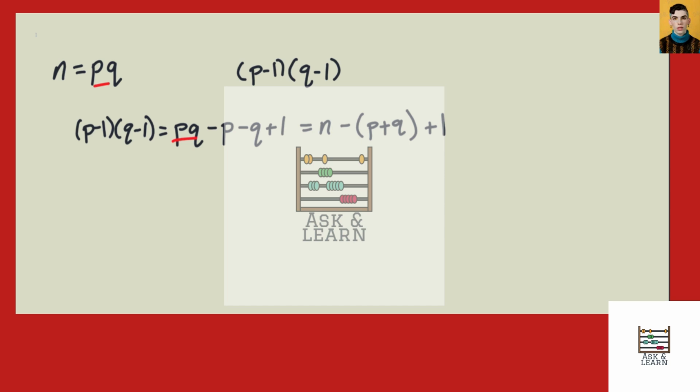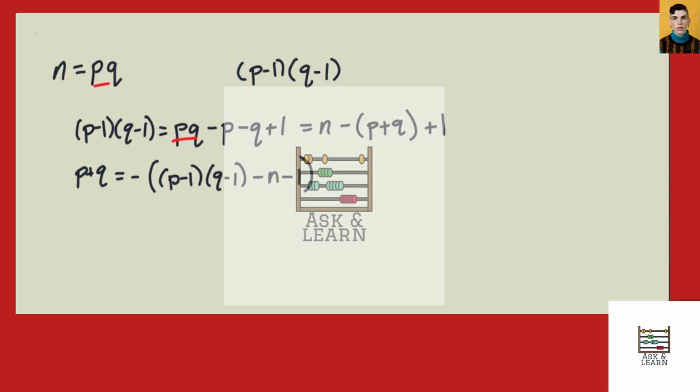Okay, well, so we're headed somewhere. We know both n and the product of (p minus 1) times (q minus 1). So we can calculate p plus q as being equal to negative [(p minus 1)(q minus 1) minus n minus 1].